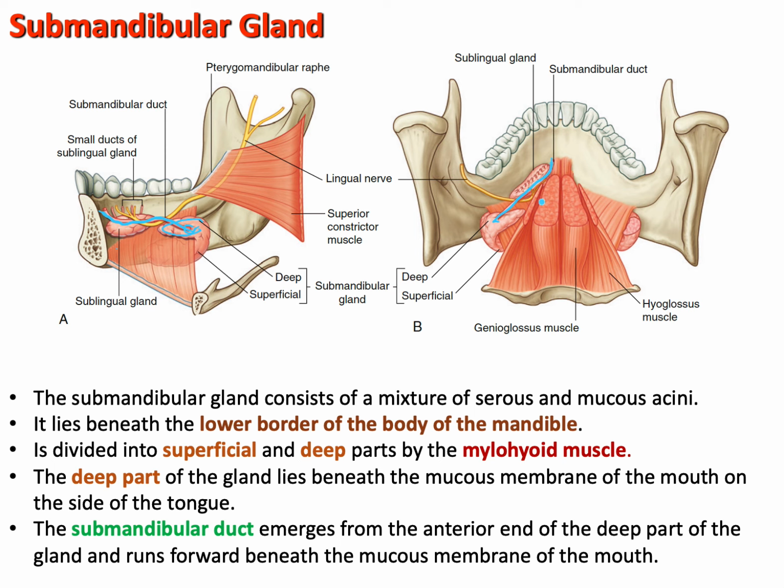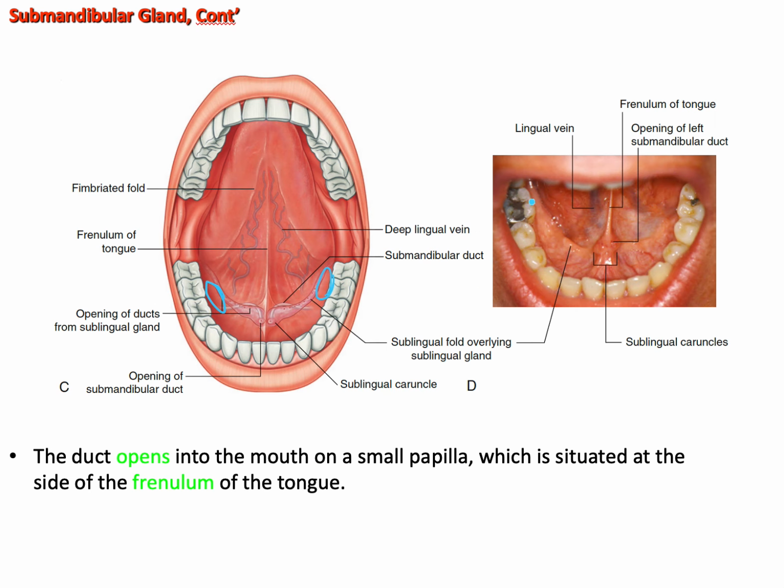Of course, it's running beneath the mucous membrane also, and it opens near the frenulum of the tongue. You remember from the previous lecture that the fold of mucous membrane that fixes the ventral surface of the tongue to the floor of the mouth is known as the frenulum of the tongue. This is the frenulum of the tongue, guys. And we have, as we mentioned, two openings. These are the openings of the submandibular duct.